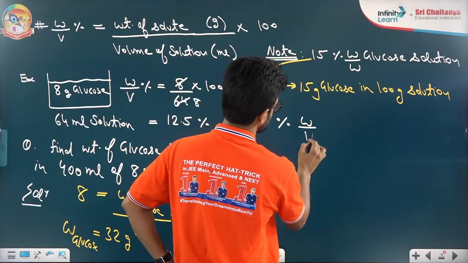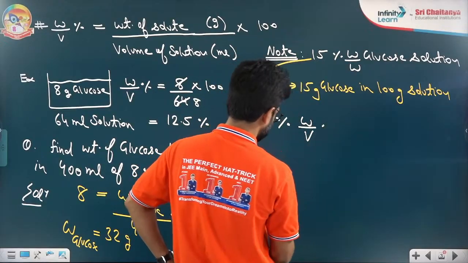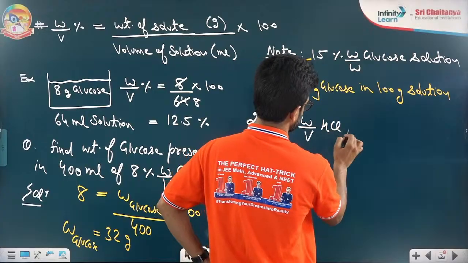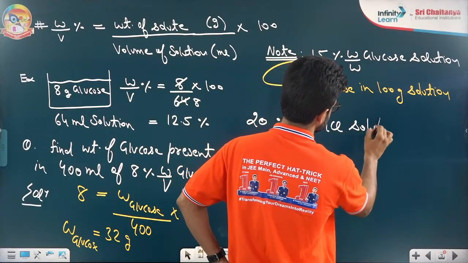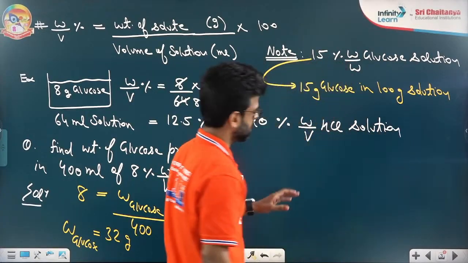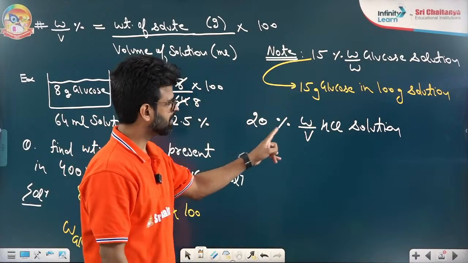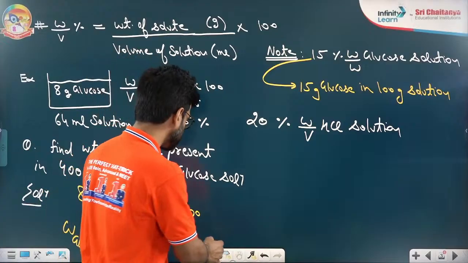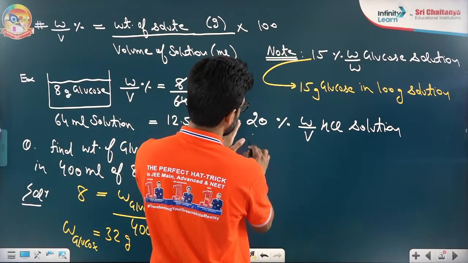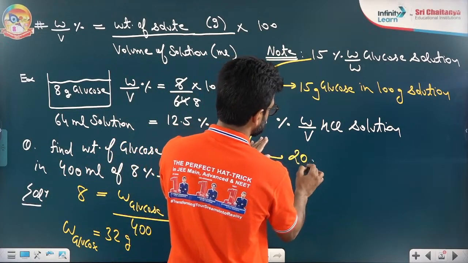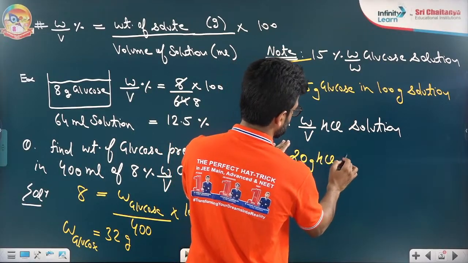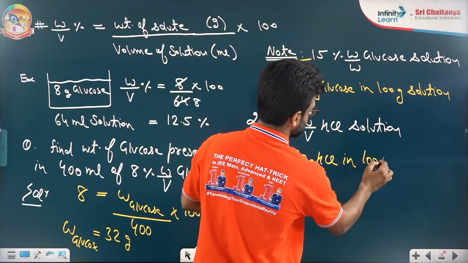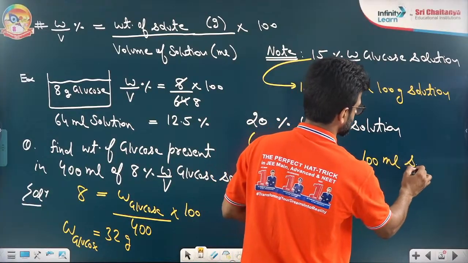Now imagine by chance they are saying it's a 20% weight by volume HCl solution. Imagine they are writing here, we have a solution, 20% weight by volume HCl solution. So what does that mean? You have to take it as 20 gram HCl in 100 ml solution.